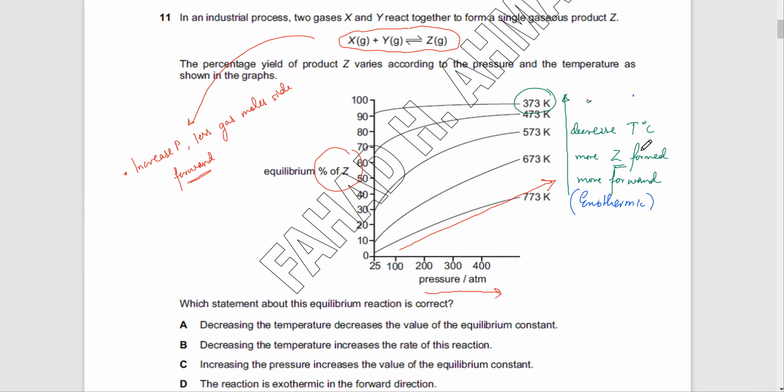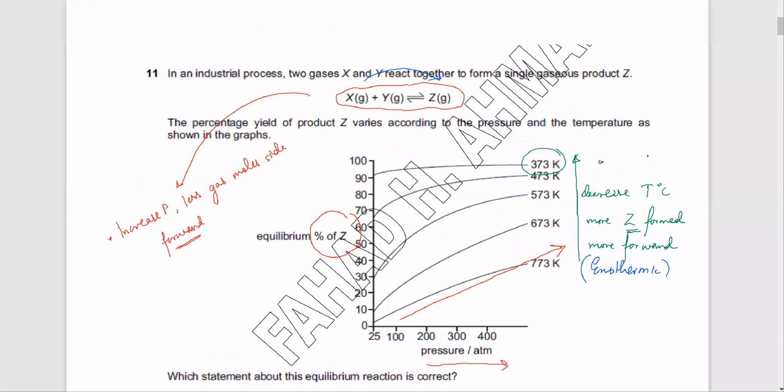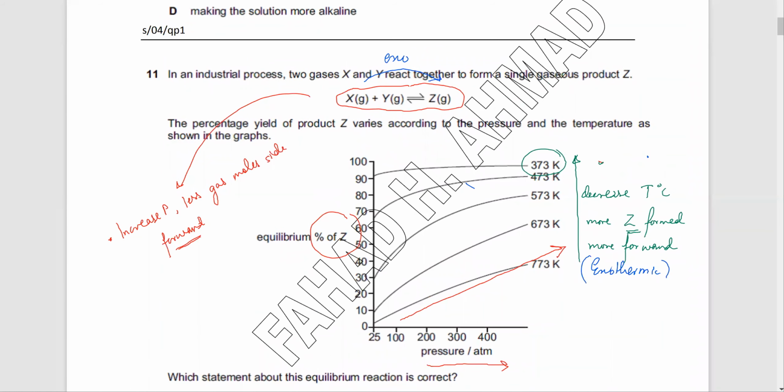That means more forward reaction happens. And whenever you decrease temperature, the rule is that the exothermic reaction is always going to be favored. So the forward reaction in this case, although they haven't told us, we have figured out is the exothermic reaction, and the backward reaction is your endothermic reaction.